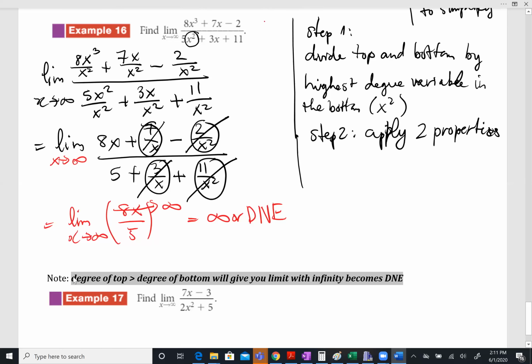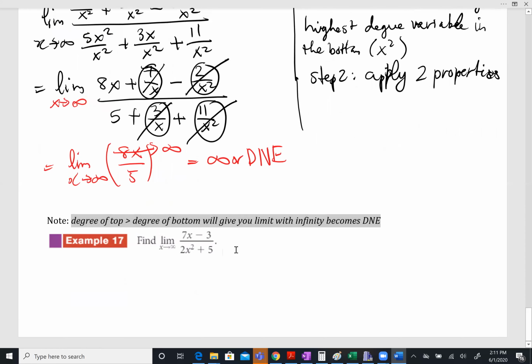What about the case where the degree of the top is less than the degree of the bottom? Okay, so I have example 17 here, and again I will still have to divide top and bottom by the highest power of the bottom. In this case it is x squared, right?